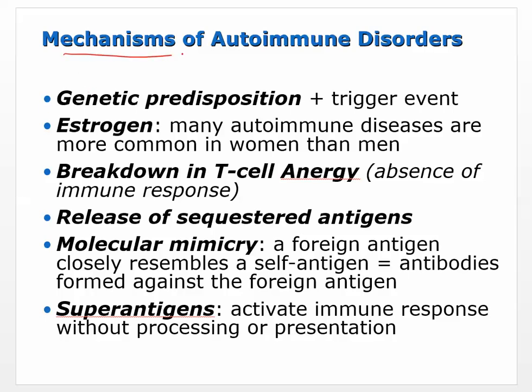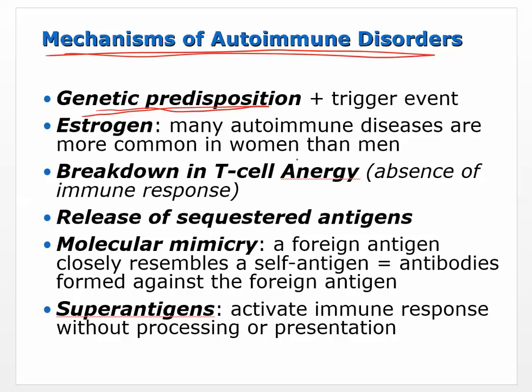Now, mechanisms of autoimmune disorders. Where do they come from? Who gets them? Why do they get them? A lot of times it's a genetic predisposition. We don't know why. If you have identical twins, one person develops an autoimmune disease, the other person may not, but has a higher chance of developing the same autoimmune disorder.